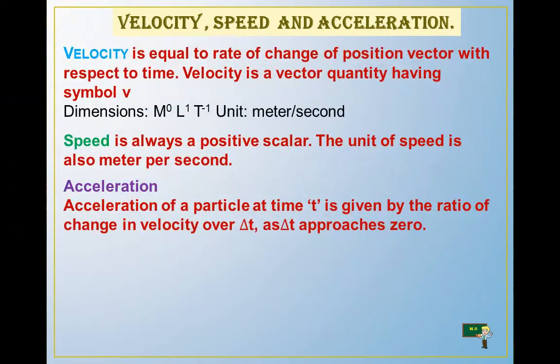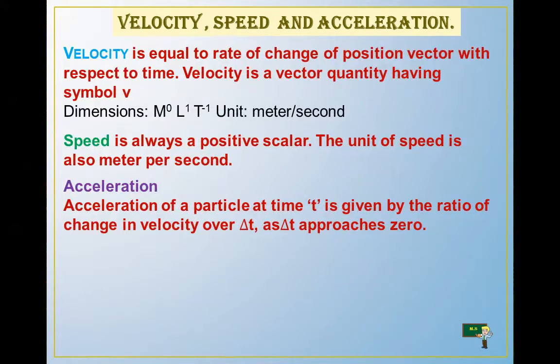Let's see velocity, speed and acceleration. Students, I know you are all well versed in the terms velocity, speed and acceleration, but let me explain in terms of vector quantity. Velocity is equal to the rate of change of position vector with respect to time.